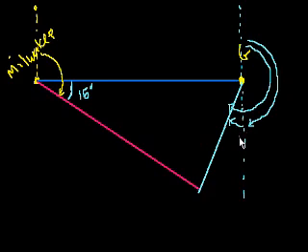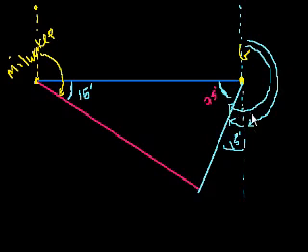So that's going to be 15 degrees. And if this angle is 15 degrees, what is this angle going to be? Well, this entire angle is 90 degrees, the third quadrant when we're thinking in unit circle terms. So this angle is going to be 90 minus this 15 degrees. What's 90 minus 15? It's 75 degrees.